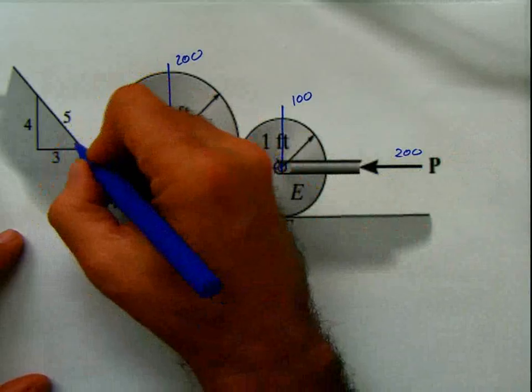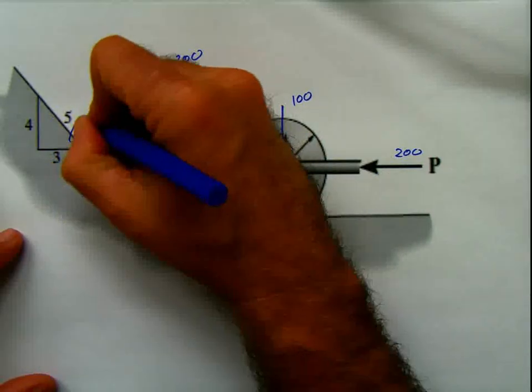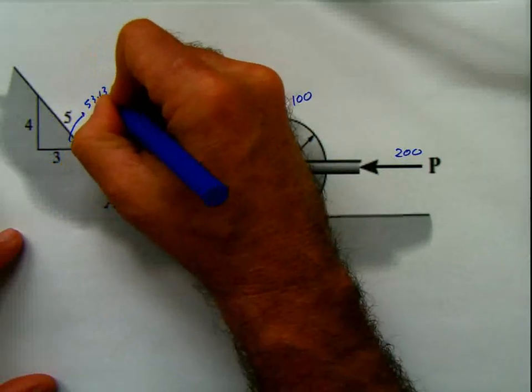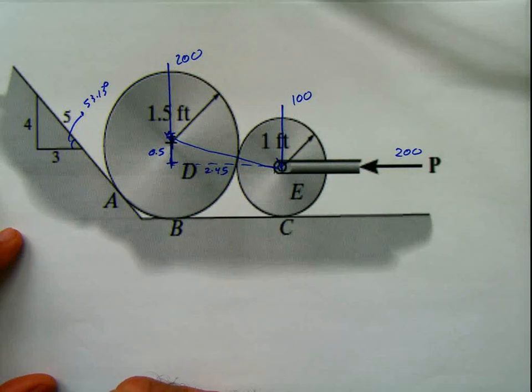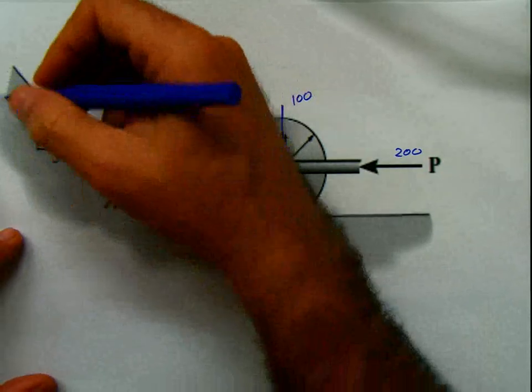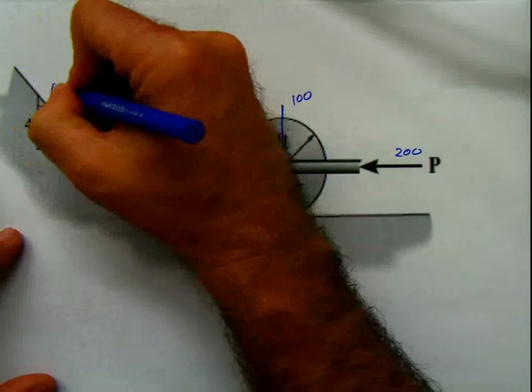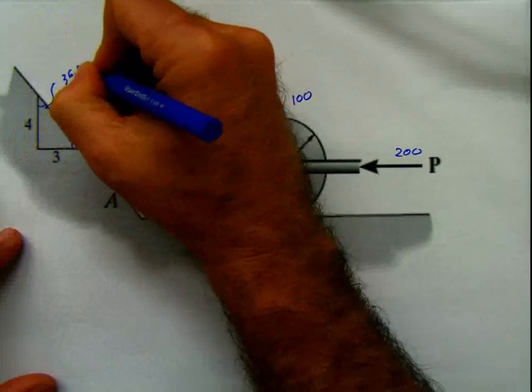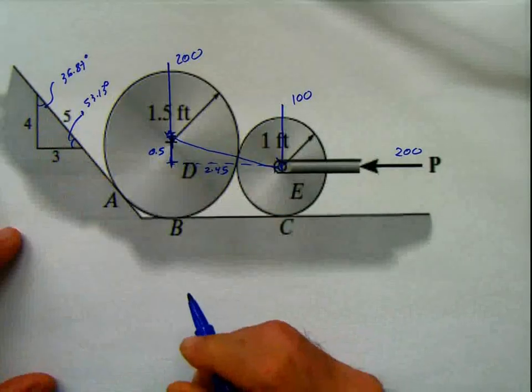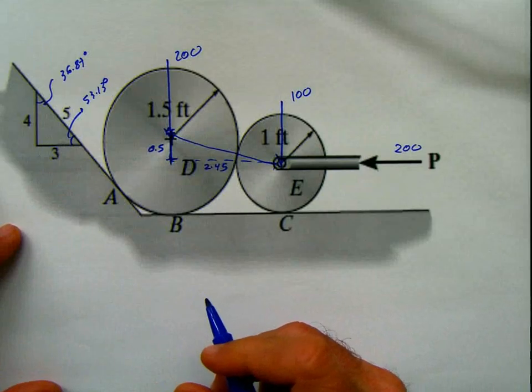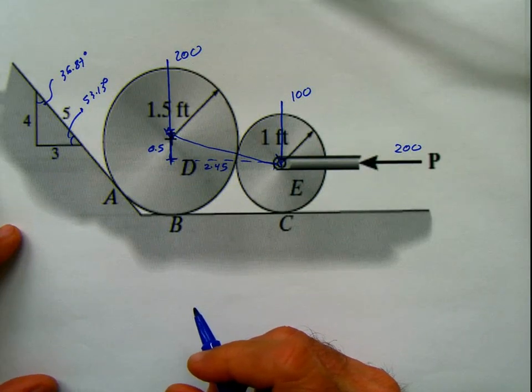Now this angle here is 53.13 and this angle here is 36.87 degrees. What else?